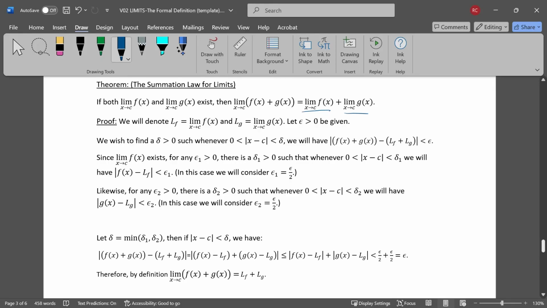Now we know that since the limit of f exists, then for some epsilon 1 greater than 0, there's a delta 1 greater than 0, such that the absolute value of x minus c being less than delta 1 implies the absolute value of f of x minus L sub f is less than epsilon 1. Whew! Literally, I just wrote the definition of the limit here, right? But we called it epsilon 1 and delta 1 to distinguish that this is just the epsilon and delta for the function f rather than the sum.